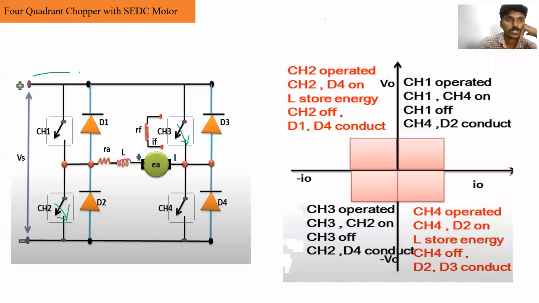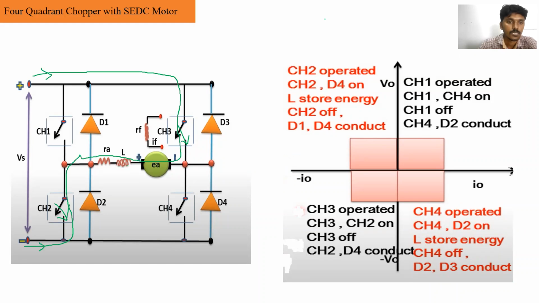Positive to negative, through CS3, then the load, then CS2, negative. Is it clear? This is the path for the current when CS3 and CS2 are closed.